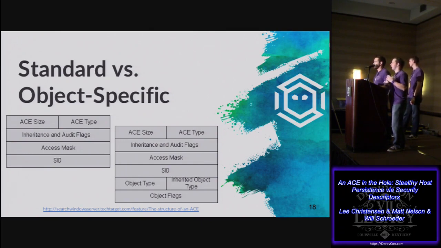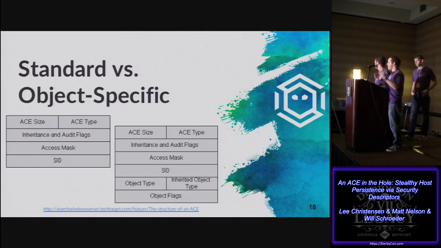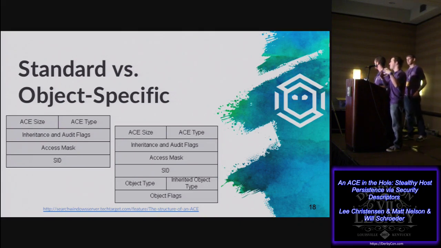So when we're talking about these different rights, I mentioned before that each object has different rights. You may think of a file, where you may have read access or write access to the object. Well, there are different types of objects that don't necessarily have those same rights. So when we're talking about standard rights, those are specific rights that apply to all objects regardless of their type.